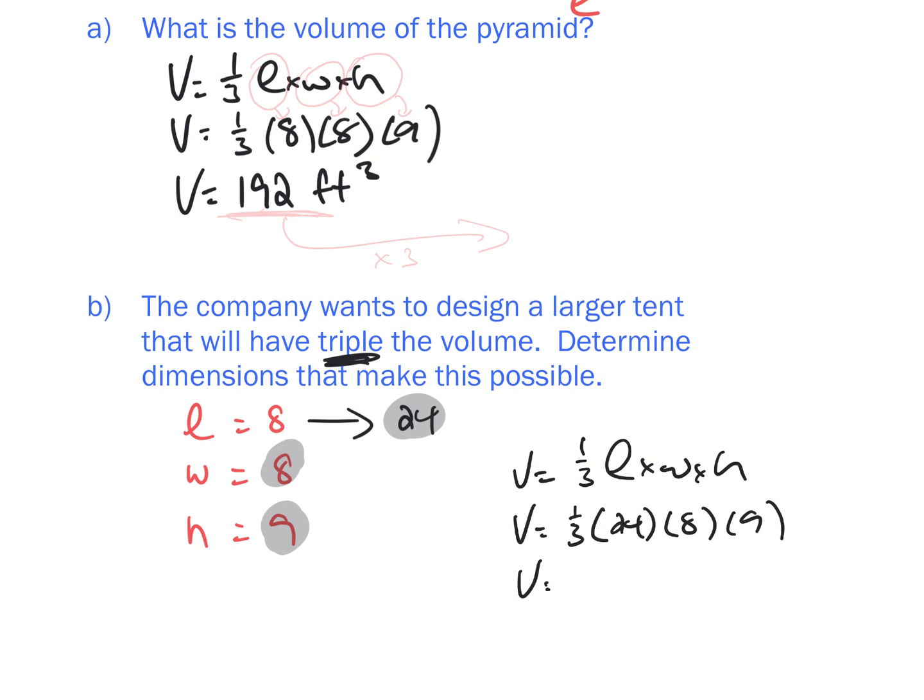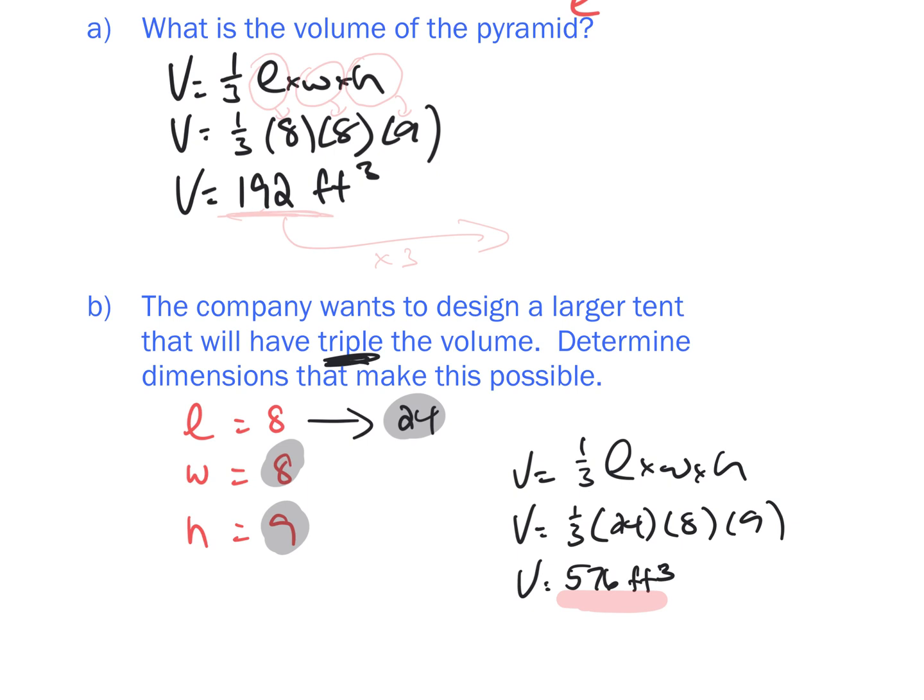And what do we get? 576. Now let me ask you this. Is this triple 192? Yeah, it is. So giddy up to that.